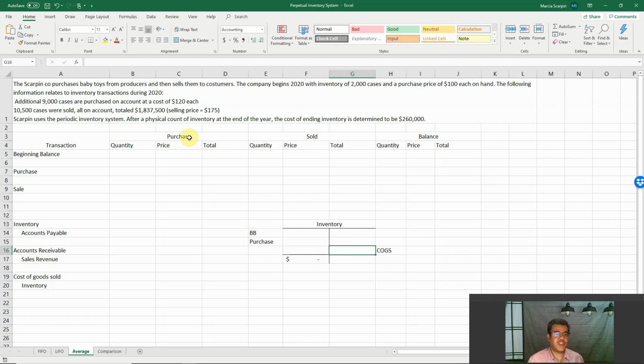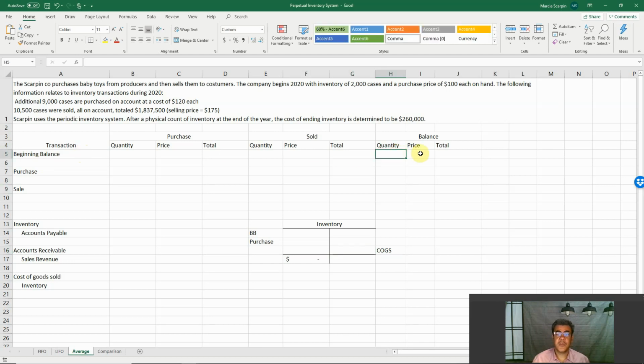Scarping Corporation purchased baby toys from Trodster and then sells them to customers. The company begins 2020 with inventory of 2,000 cases and a purchase price of $100 each on hand. So let's stop here for a little bit. Beginning balance. How much is our balance?